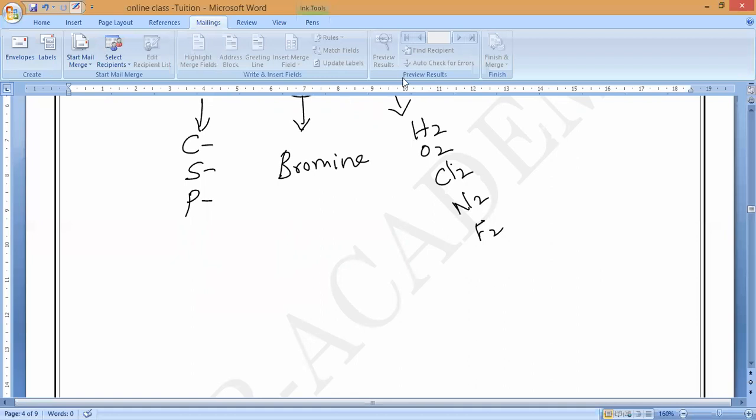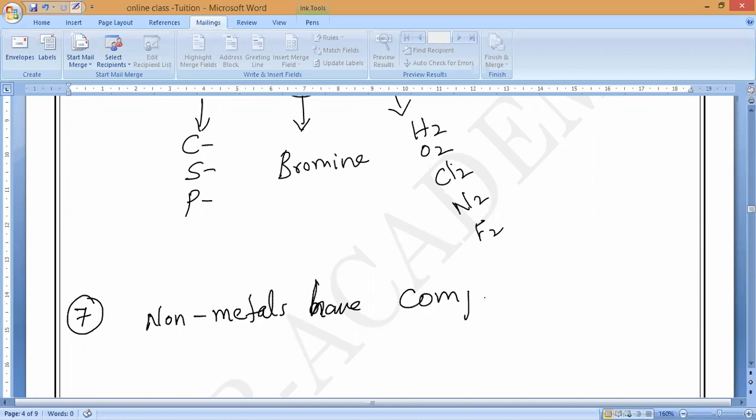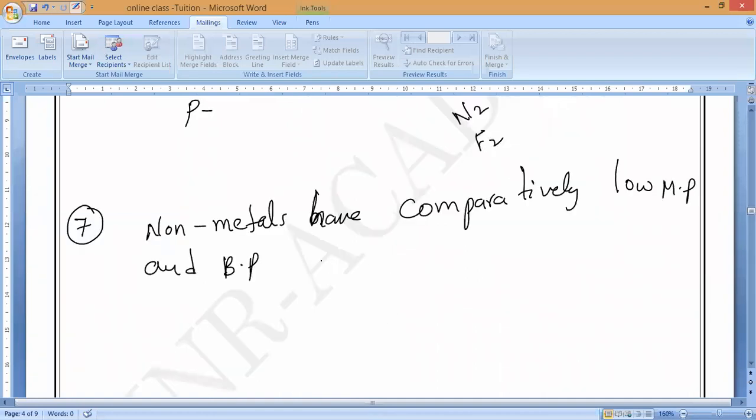Helium also you can take. Now the seventh property: do they have low melting points or high melting points? Low melting point. So non-metals have comparatively low melting and boiling points.